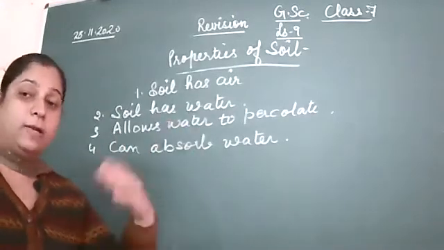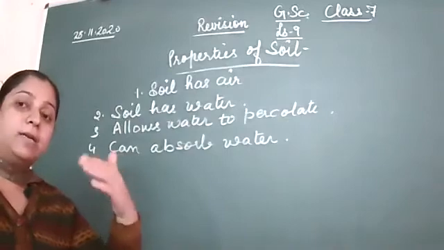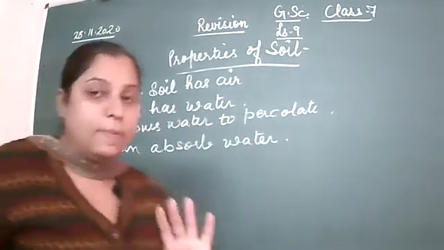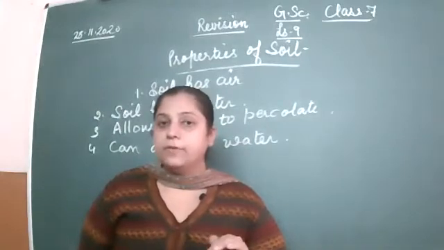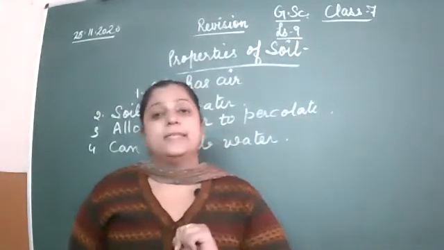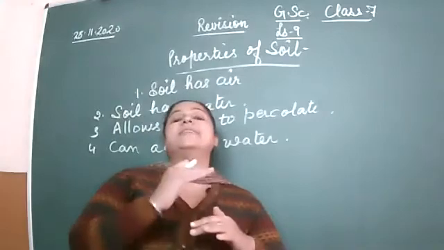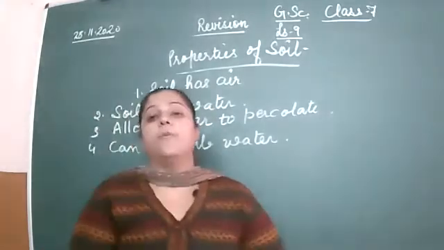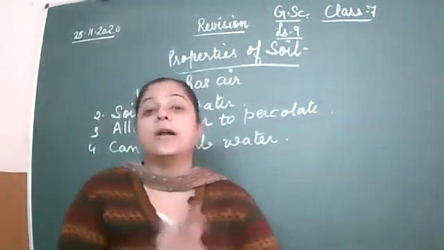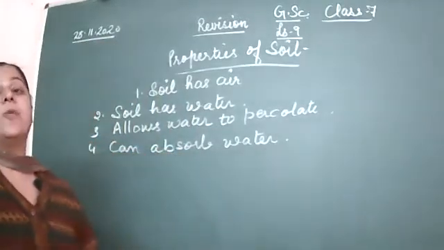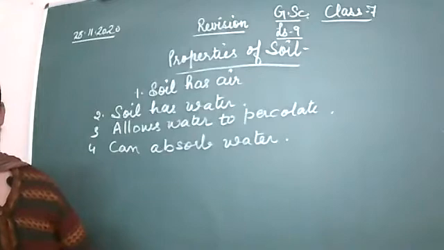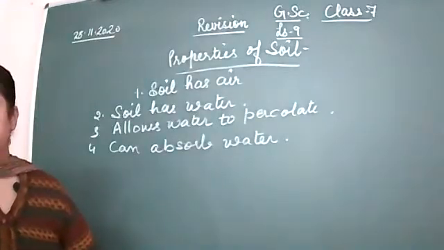When we pour water, this air tries to escape in the form of bubbles so that water particles can take its place. This shows that soil has air present in it, right?